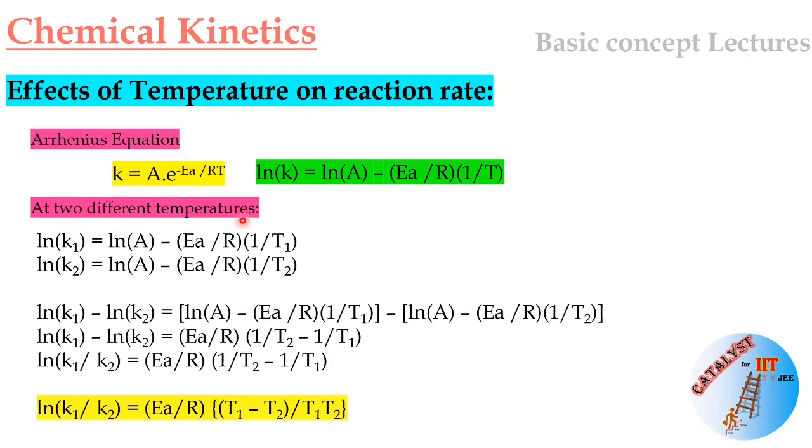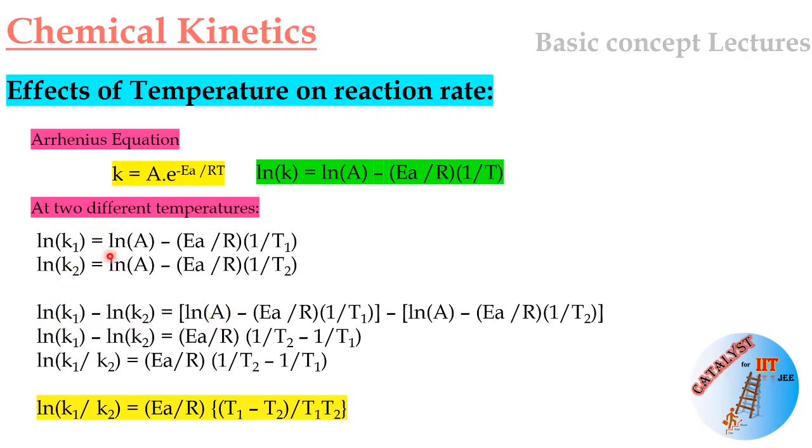At two different temperatures, your rate constant is going to be different, correct? So at temperature T1, if the rate constant is K1, and at temperature T2 the rate constant is K2, then if you subtract these two equations, you get ln K1 minus ln K2.